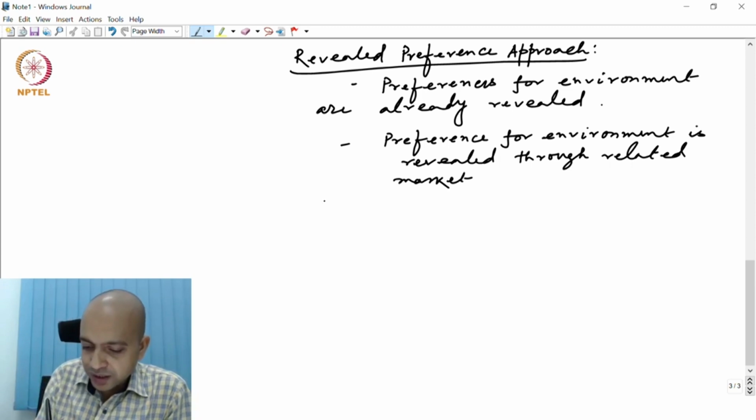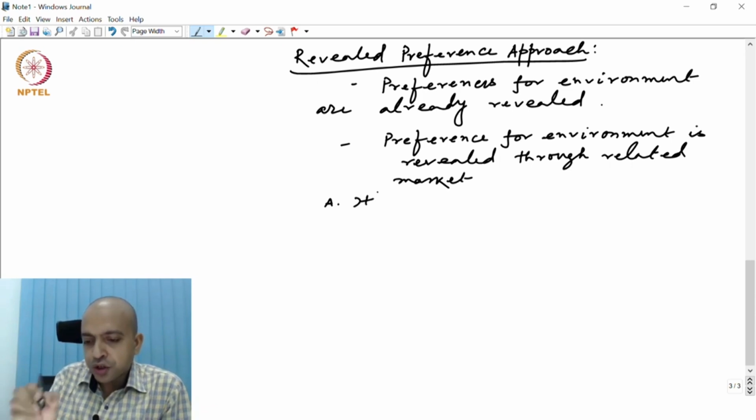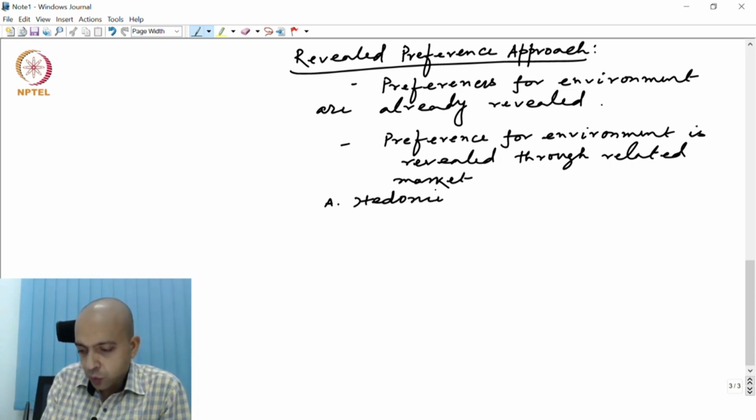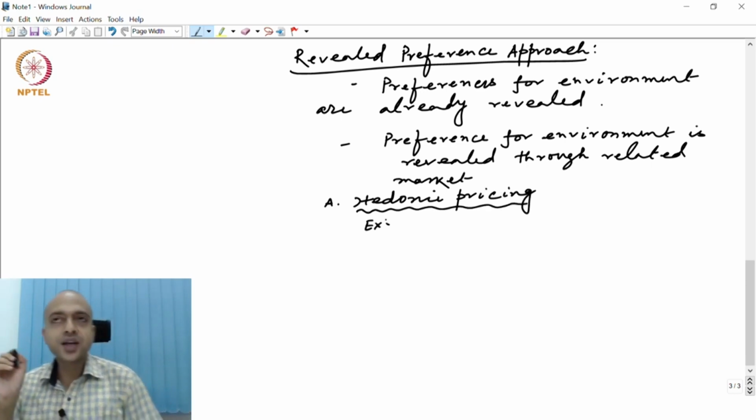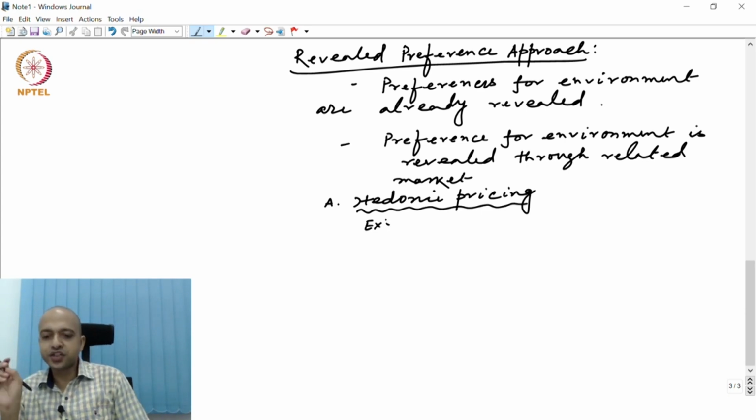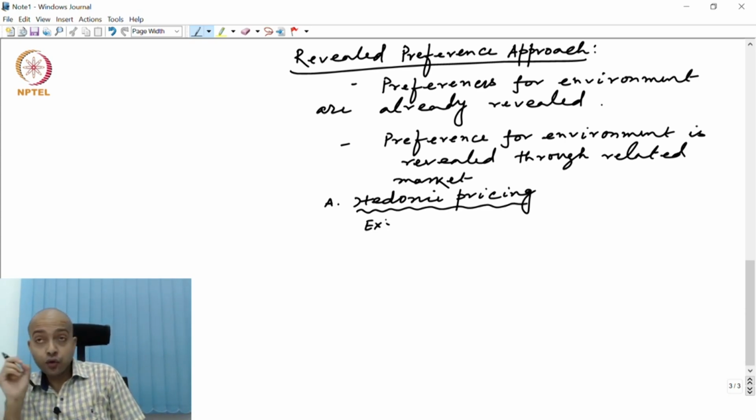Now I will give you an example, and the example will come through the approach. The first approach for this revealed preference is hedonic pricing. I will give you an example to understand what is hedonic pricing and how it is possible for respondents to reveal their preference for environment through a related market.